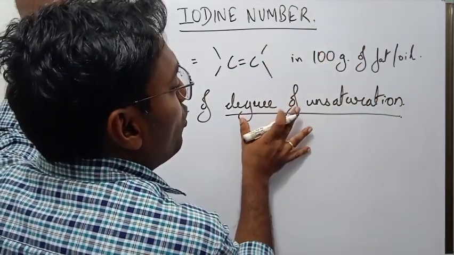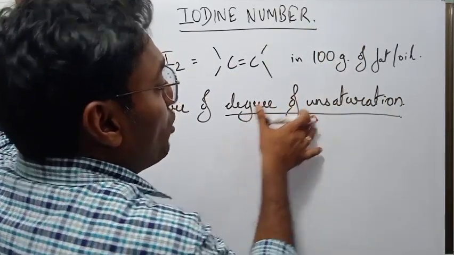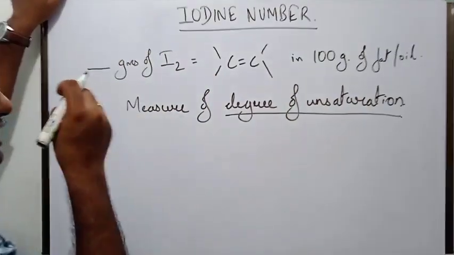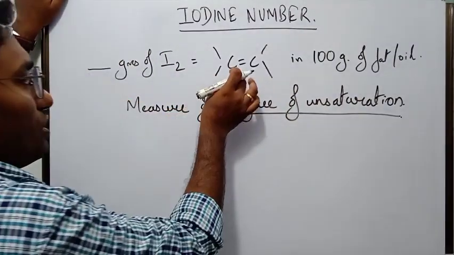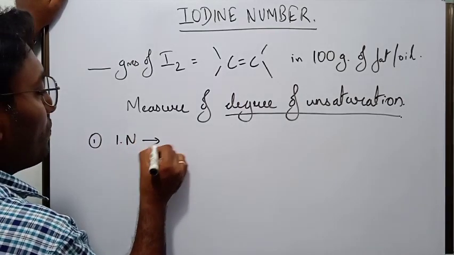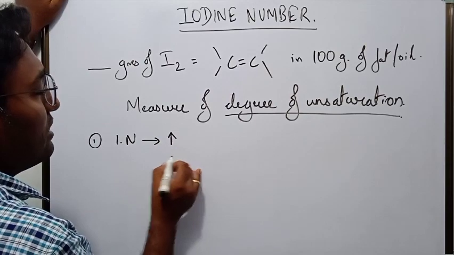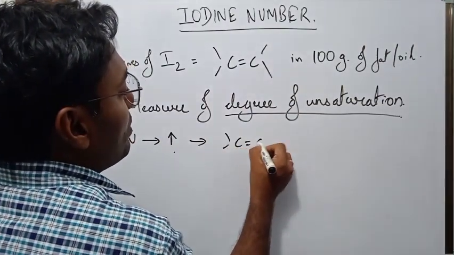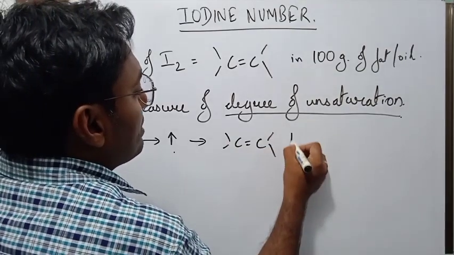The next question that comes to my mind is, why do we need iodine number? Why do we need to know the degree of unsaturation, or the amount of carbon-carbon double bond? If iodine number is more, it would mean that carbon-carbon double bond in that sample is more.